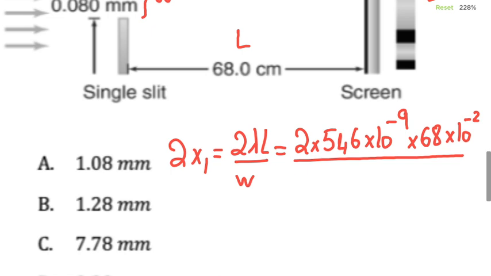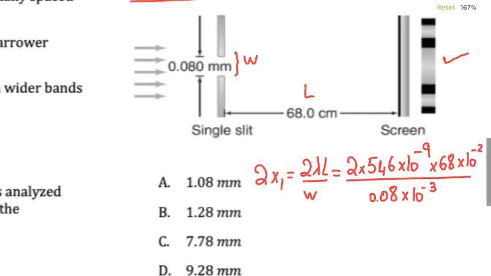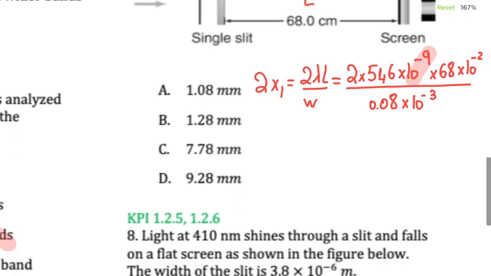And also not to forget that the width is in millimeters, so I need to also convert. So these are the 3 conversions that I have to do. Finally, the answer is 9.2 times 10 to the power of -3 meters, which is D.